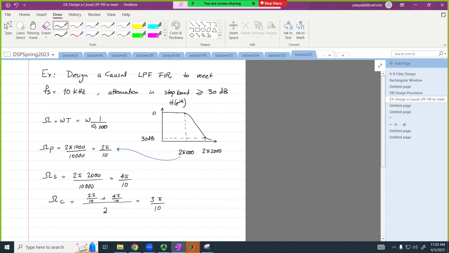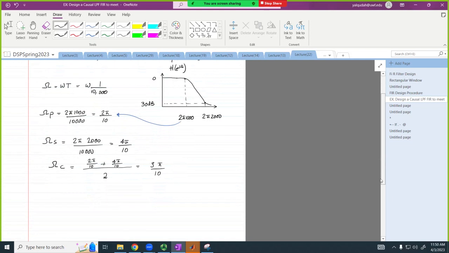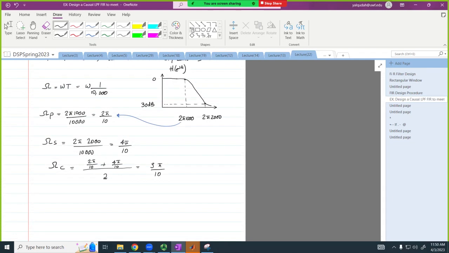Okay. So therefore, my ideal filter is going to look something like this. Ideal filter, and that line was crooked.